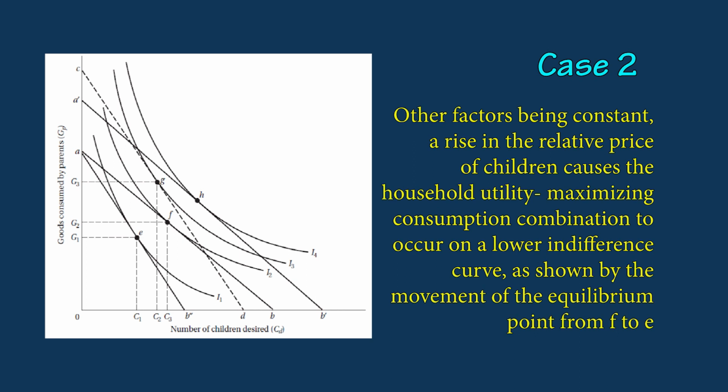Other factors being constant, a rise in the relative price of children causes the household's utility-maximizing consumption combination to occur on a lower indifference curve, as shown by the movement of the equilibrium point from F to E. The final equilibrium point is occurring at point E with a lower number of children, right?